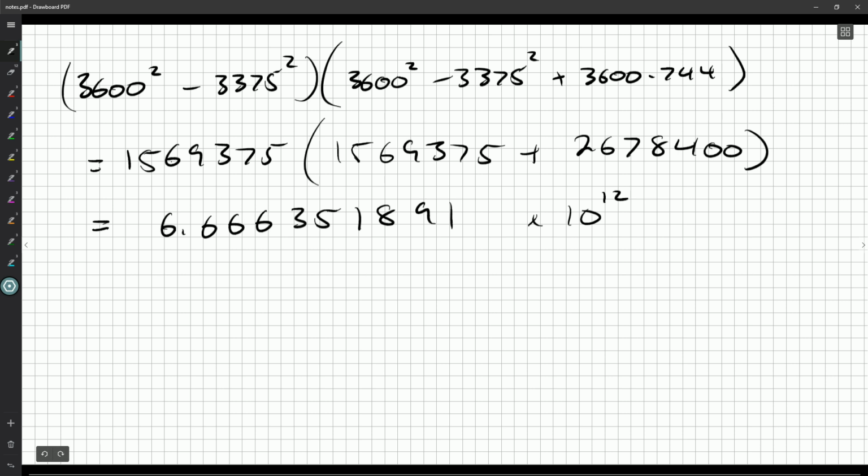No, it should end in 25, actually. But I'll just work it the other way. So then B times C was 3375 times 744. 271,100 squared, which is, for some reason, a different number than what I've got here.